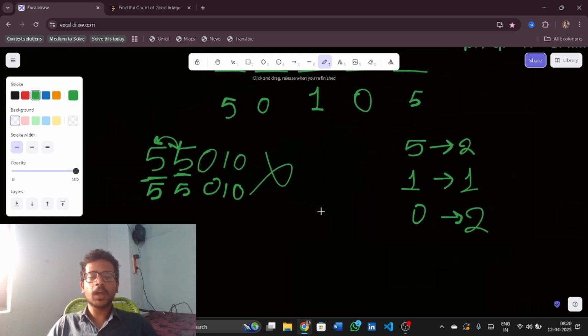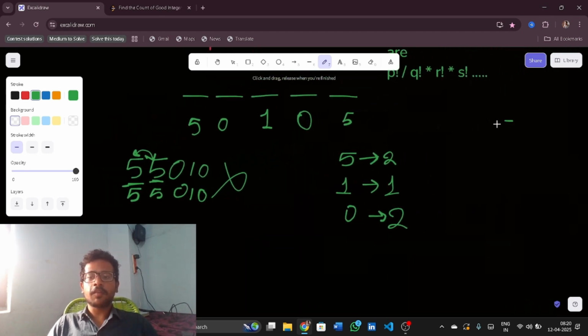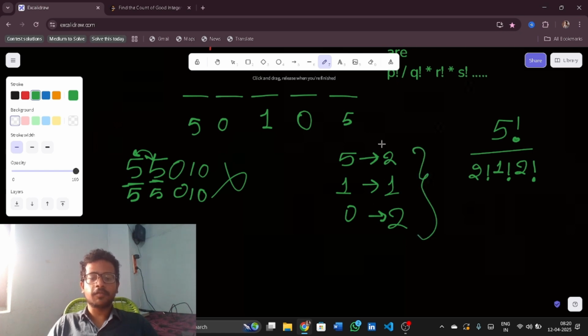That's why what we are doing is 5 factorial, the total number of places that we need to fill, by 2 factorial into 1 factorial, which is just 1, and then 2 factorial again. So I am multiplying the denominator with the frequencies of every digit. This is how you get every permutation.